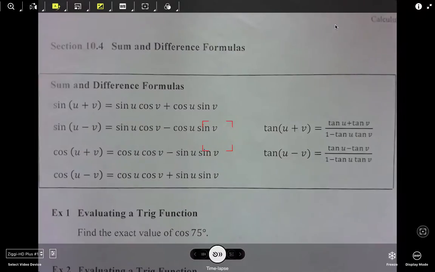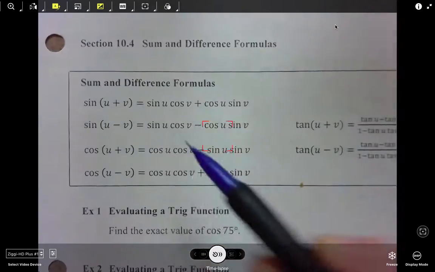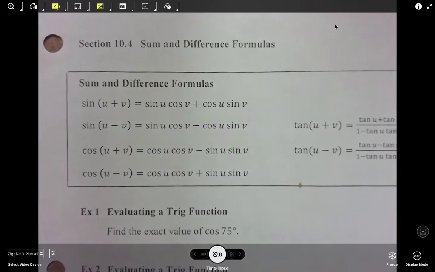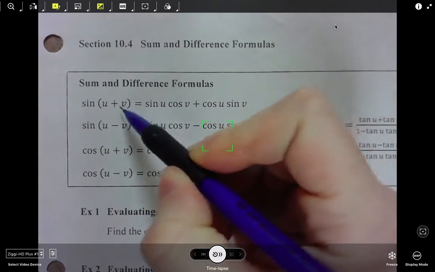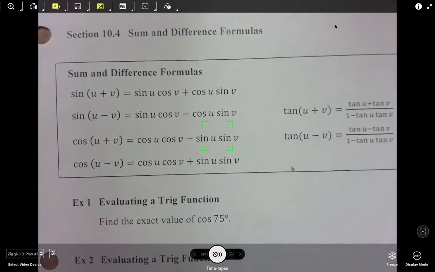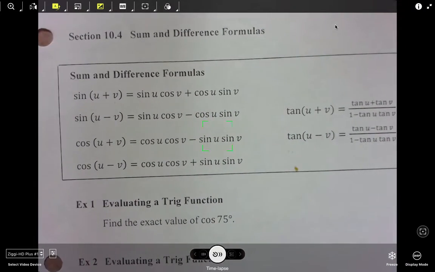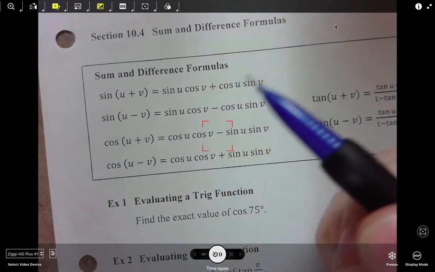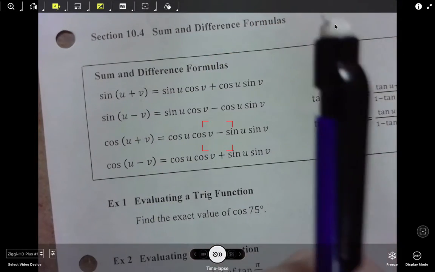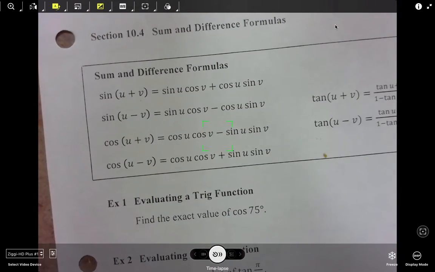I want to say a few things about these sum and difference formulas. This first one here is the sine formula, sine of u plus v. What they really want to get at with these formulas is that you cannot use the distributive property when you are dealing with sines of angles or cosines of angles or tangents of angles.